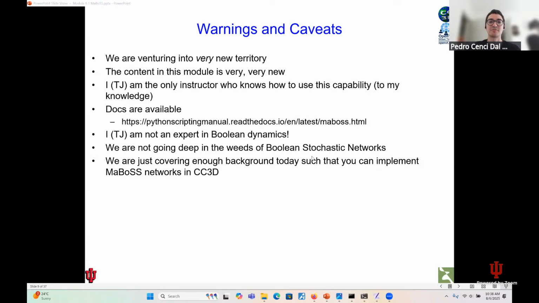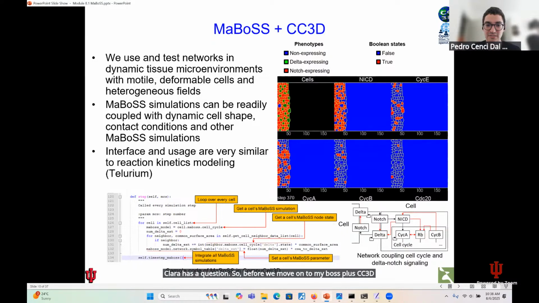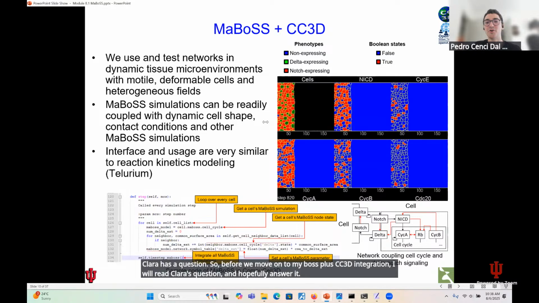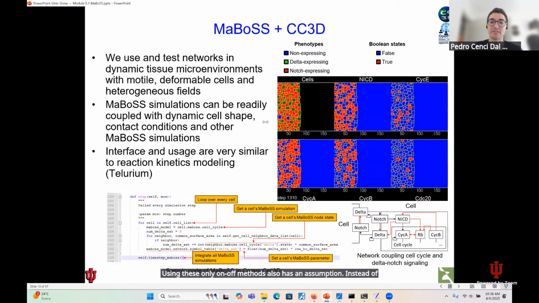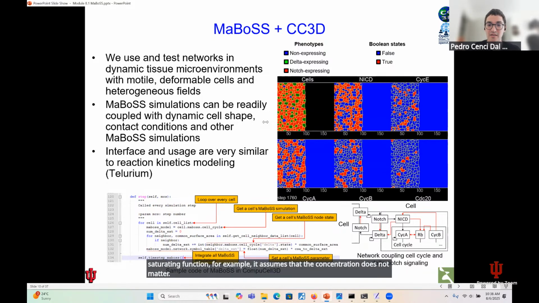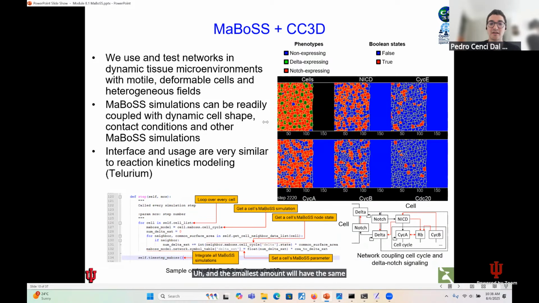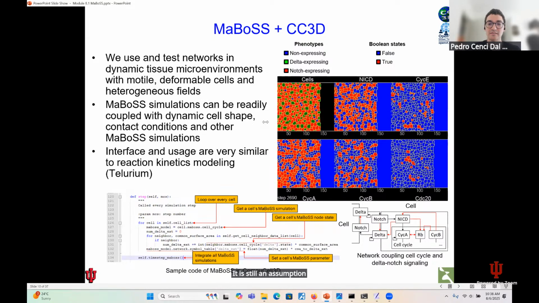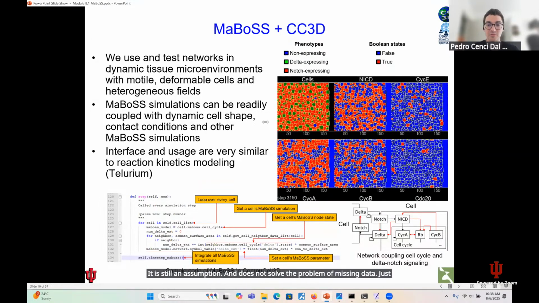Clara has a question. So before we move on to MaBoSS plus CC3D integration, I will read Clara's question and hopefully answer it. Using these only on-off methods also has an assumption. Instead of assuming a saturating function, for example, it assumes that the concentration does not matter, and the smallest amount will have the same effect as a large amount. It is still an assumption and does not solve the problem of missing data, just a different approach, right?